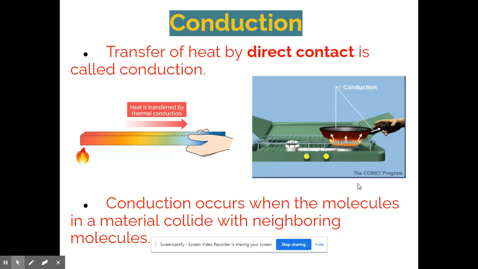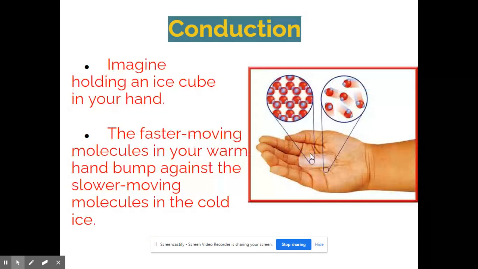Conduction occurs when the molecules in a material collide with neighboring molecules. So when you have this pot on the stove and you leave it on, the handle will become hot because of conduction, because it's in direct contact with the fire or the thermal energy.